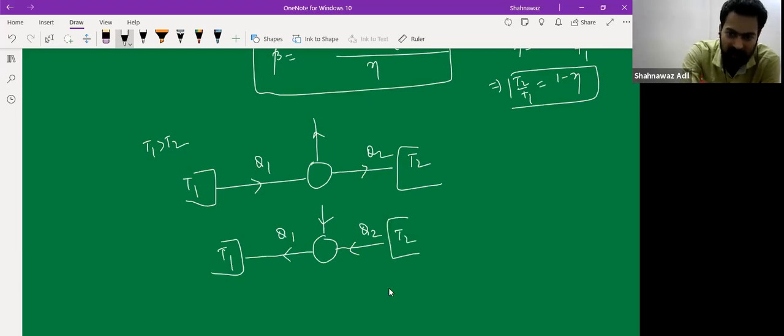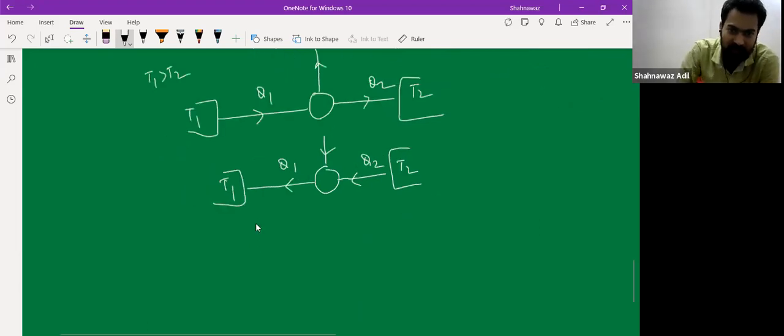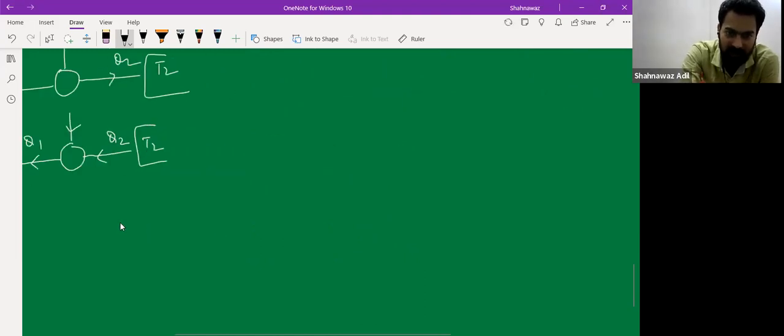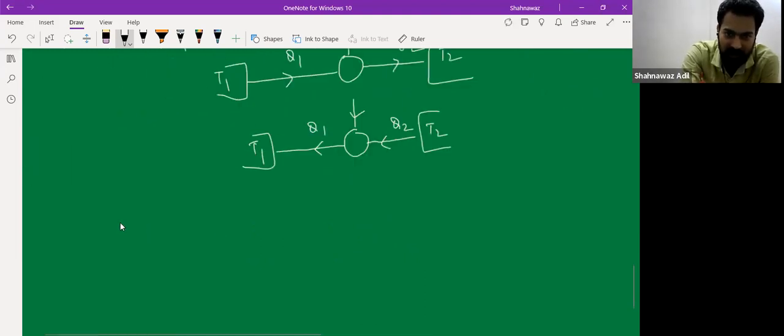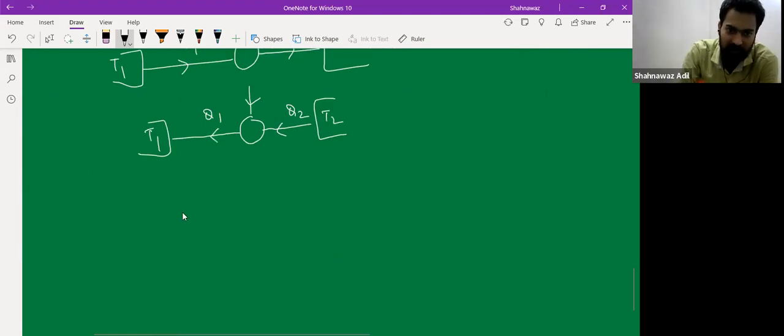Okay, and what are the basic formulas that we have derived here? So your efficiency is what? W by Q1 for the case of this heat engine, and this we derived as 1 minus Q2 by Q1, which was 1 minus T2 by T1, right?